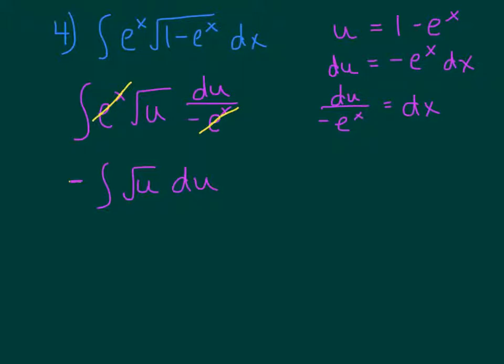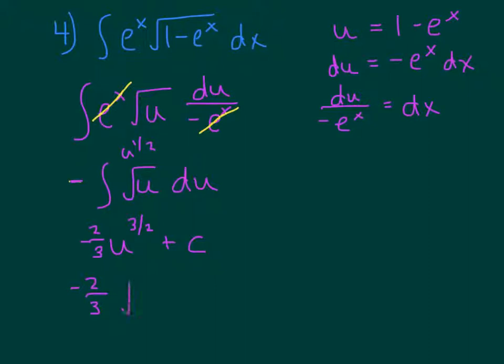Everything's in terms of u. Obviously, I'd want to think of this as u to the 1/2. All right, so now I'm ready to go ahead and take the integral. And so I'd say negative u to the 3/2 times 2/3 plus c. So I'd say negative 2/3, and now put in your 1 minus e to the x.